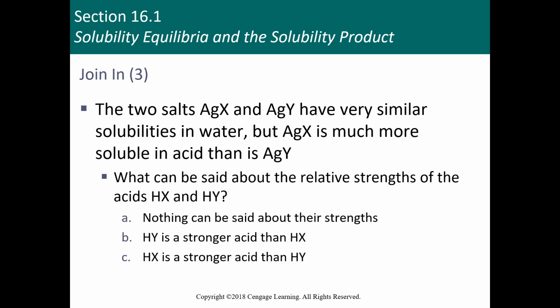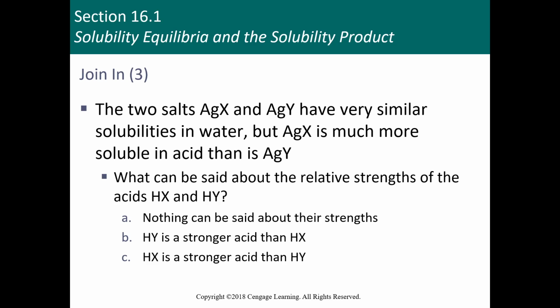All right, the two salts, silver X and silver Y, have very similar solubilities in water, but silver X is much more soluble in acid than silver Y. What can be said about the relative strengths of the acids HX and HY?